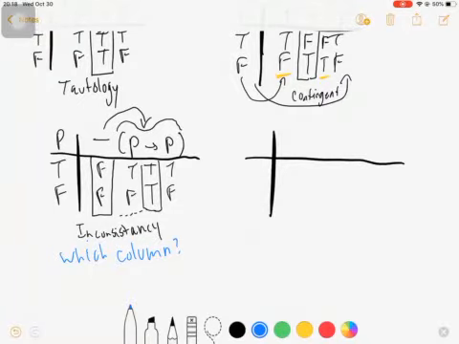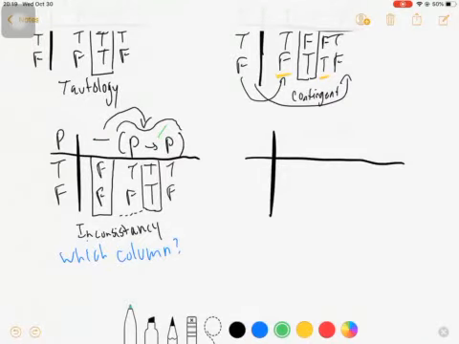So let's pretend for a second that we didn't have this negation out here. What would the main operator be? Well, the arrow. As such, when we're trying to figure out what to do with the negation, we're going to figure out that main operator inside the parentheses first, and then we negate that column using the negation out here.